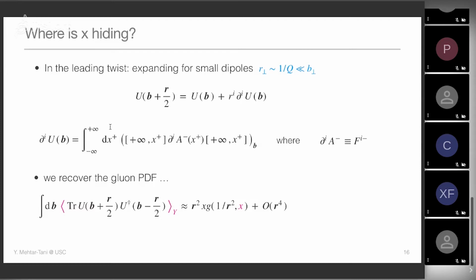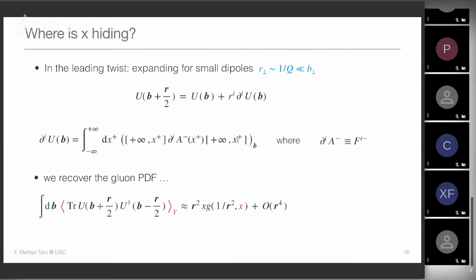In fact, the derivative acting on the Wilson line, which is an object that accounts for multiple interactions in the longitudinal direction x plus, will act on one of the fields inside the Wilson line, and you get this derivative acting on the field, but dressed by two Wilson lines.